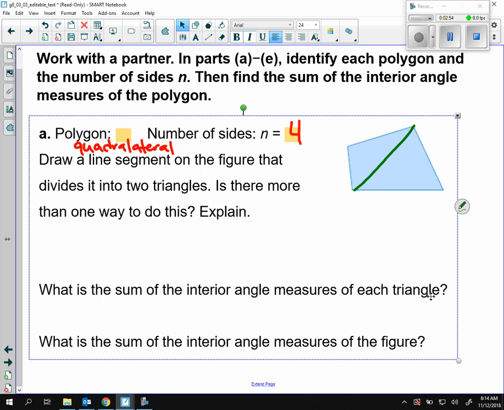So now we want to look at this question down here. What is the sum, so when you add them together, of the interior angle measures of each triangle? And this is something we just did in the last section, where we recalled that there is this rule that when you add up the interior angles of a triangle, it always adds to 180.